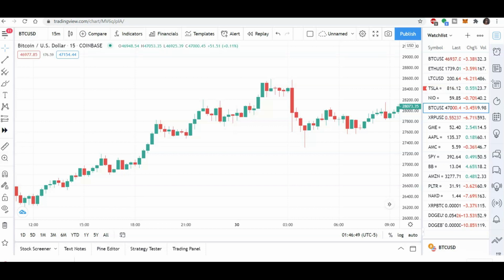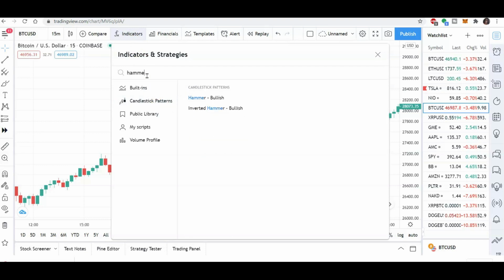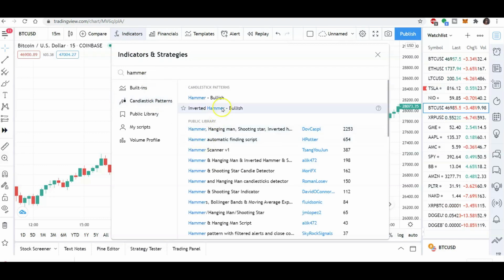So I'm on TradingView and I'm going to add the hammer candlestick pattern using the indicator button. We'll type in hammer and it comes up immediately, hammer bullish. So this is the one we want. We'll click on this.